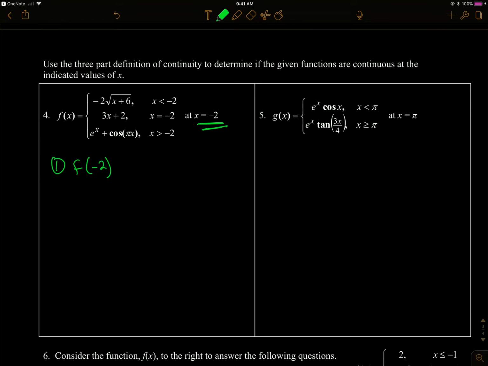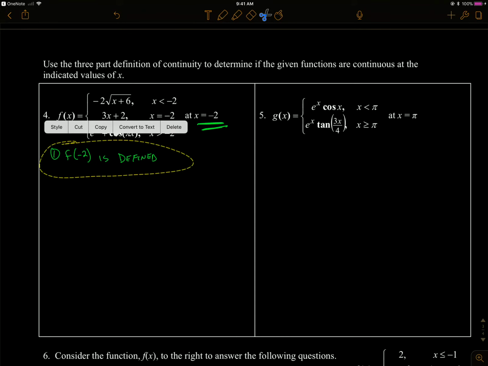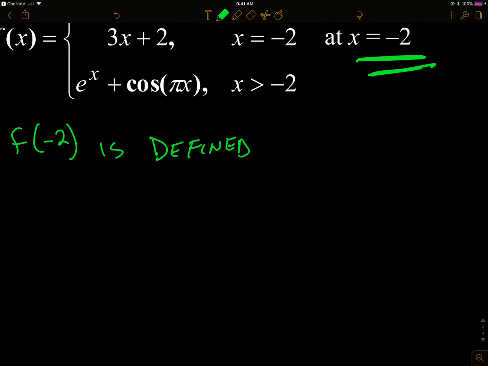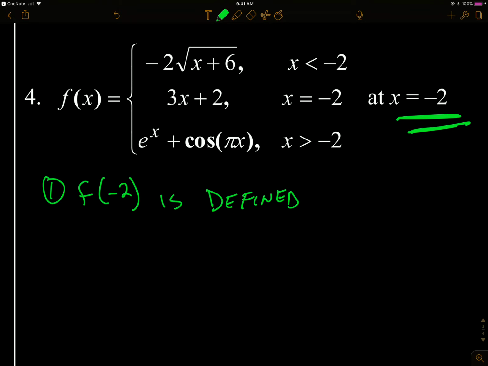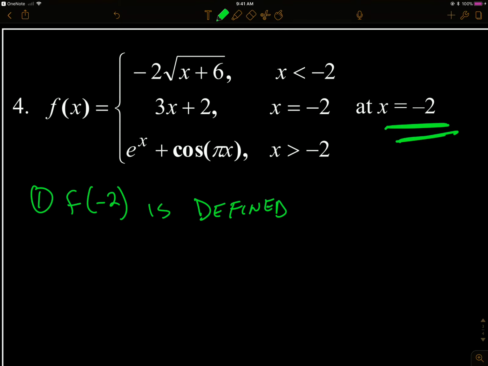f of -2 is defined. How do we know that? I'm going to have to write a little smaller for this to fit. How do we know it's defined? Well, you have to look on here and choose when you're trying to do f of. Remember, it's not approaching. You've got to find the spot right where it's equal to -2. If it wasn't written like this, I would just plug -2 into this part because it's less than or equal to.